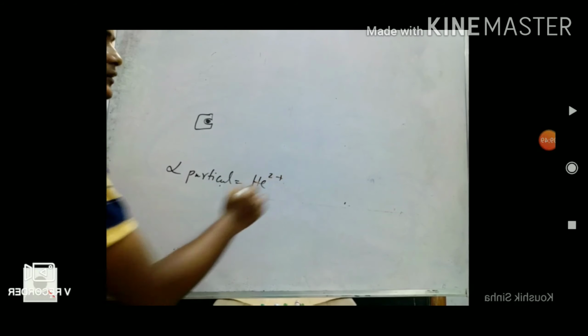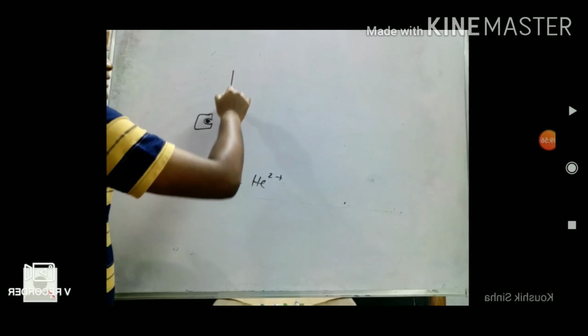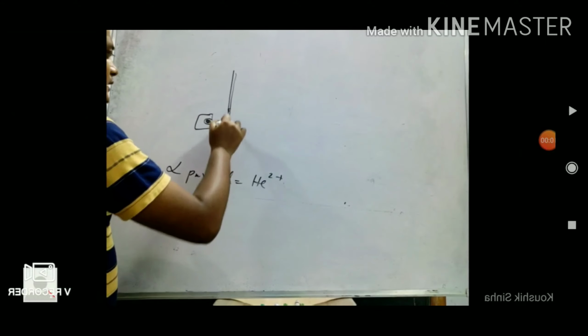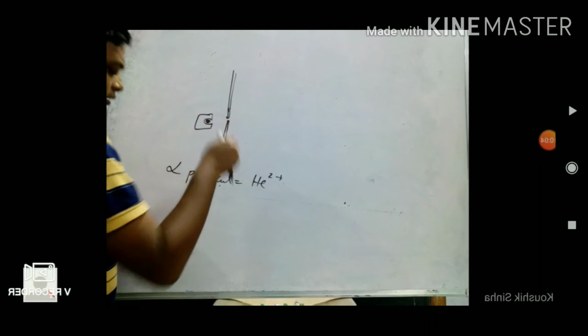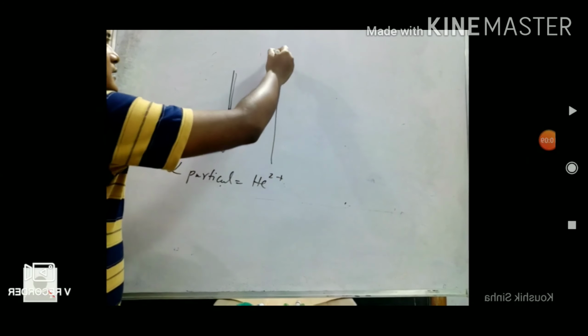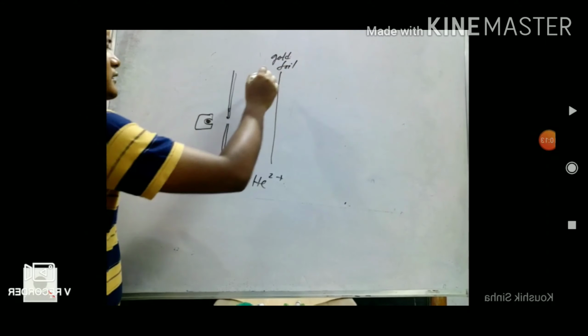An alpha particle is a dipositive helium ion. To focus that radiation, it is passed through a very narrow slit. Then you have to take a very thin gold foil.